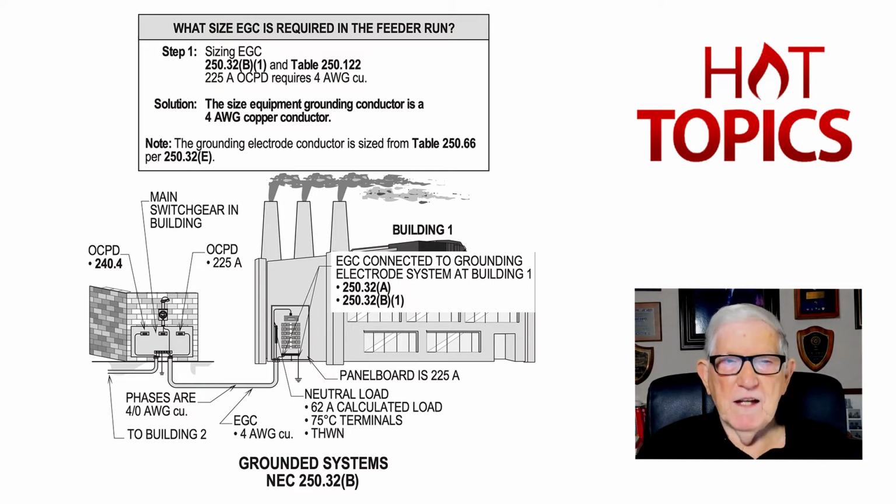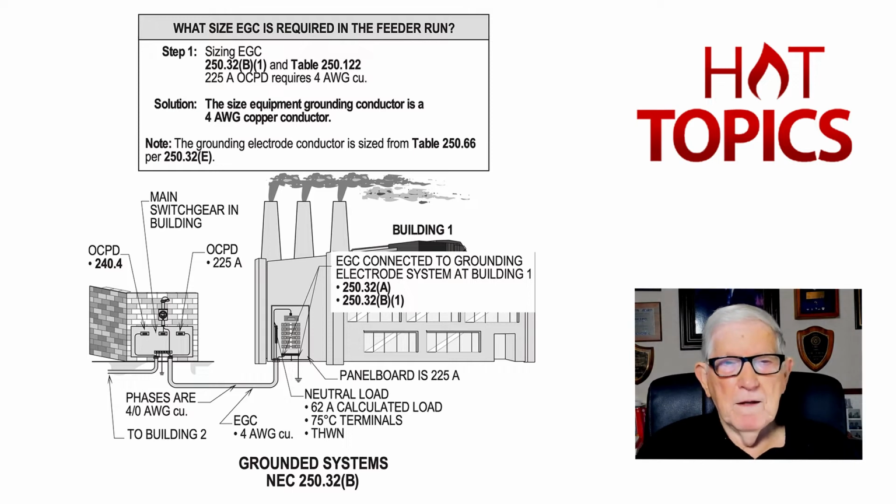It would be sized upon these number 4 conductors terminating here, and it would be a number 2 if it was connected to structural steel or a water pipe system that is considered metal, and it is also considered as an electrode from 250.52(A)(1). Then it would naturally be a number 2, selected from Table 250.66. So keep that in mind.